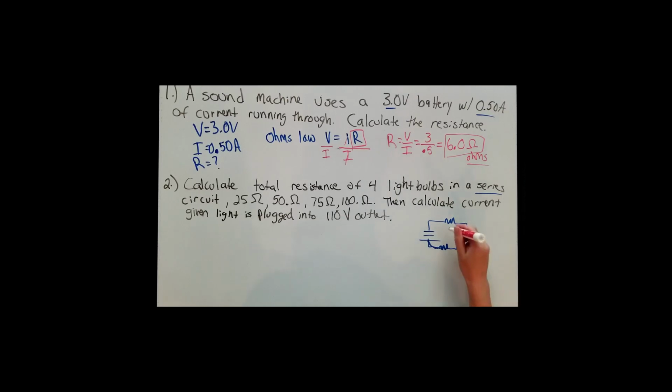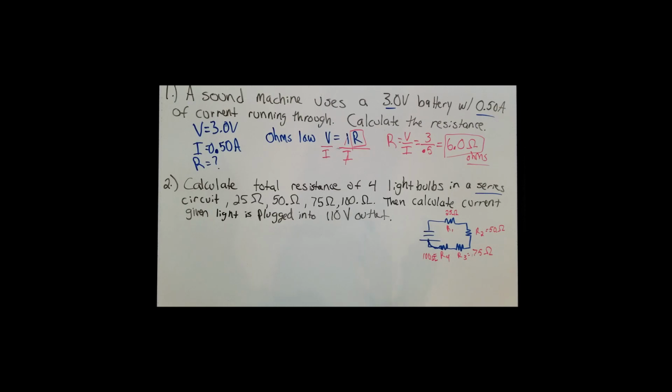These squiggly lines are our resistors, our 4 light bulbs: R1, R2, R3, and R4. So 25 ohms, 50, 75, and then 100.